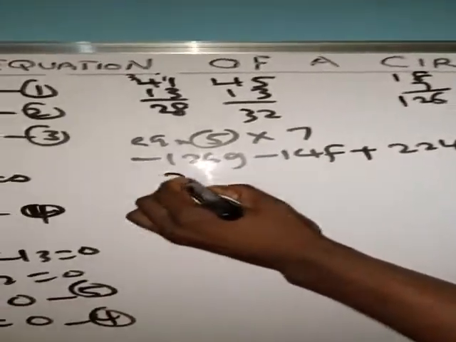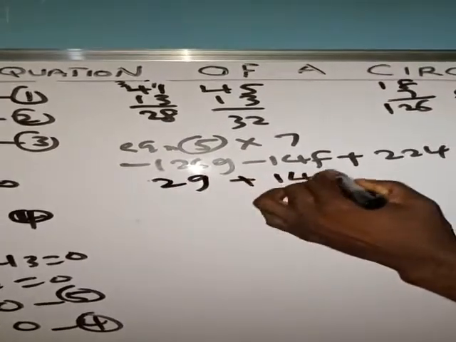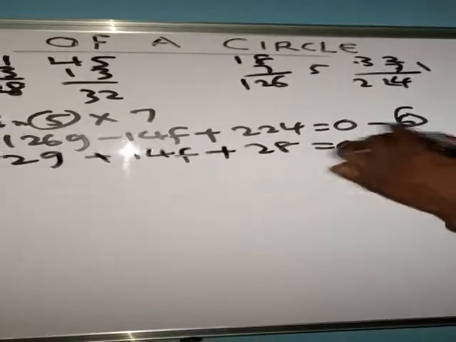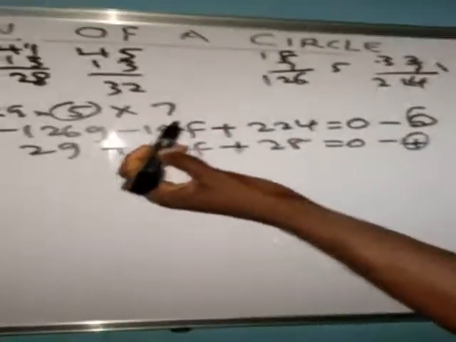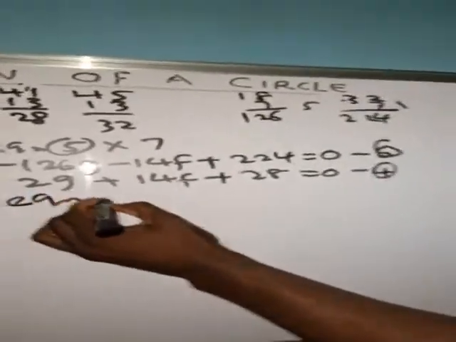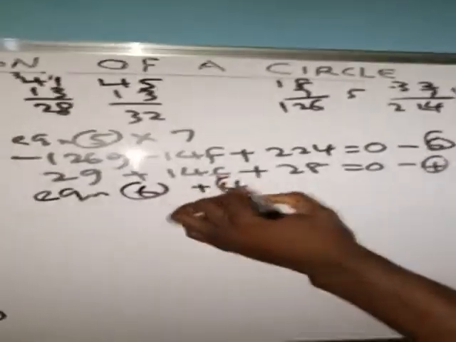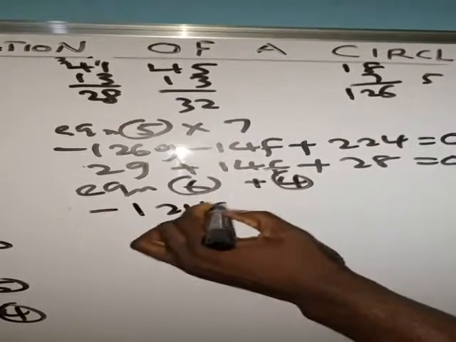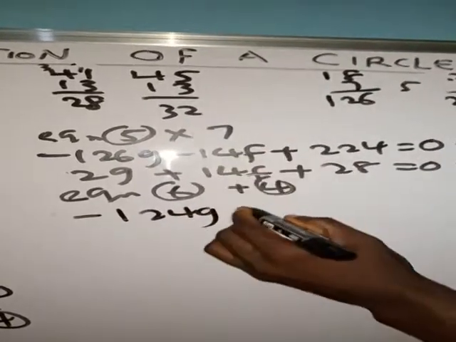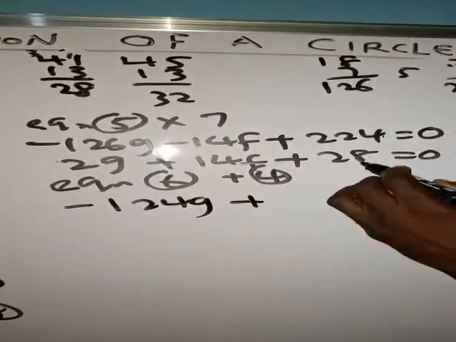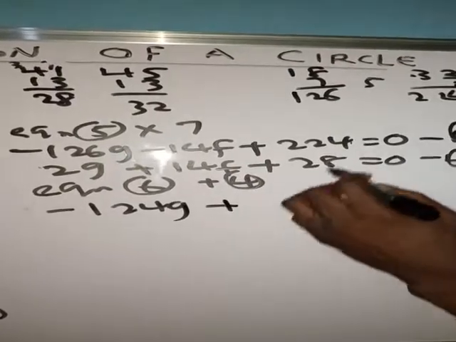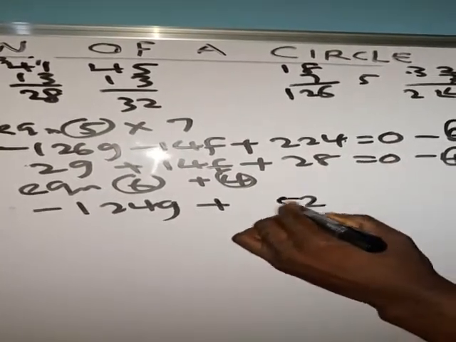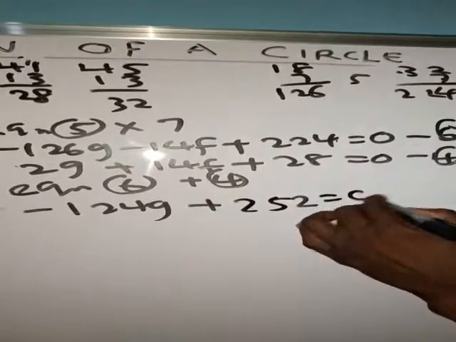Equation 4 says 2g plus 14f plus 28 is 0. By addition, I will eliminate f. So equation 6 plus 4. When you add this together, you have minus 124g, 14f minus 14f gives you 0, plus 224 plus 28 gives 252, is equal to 0.